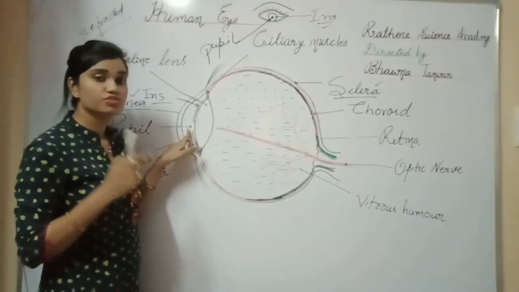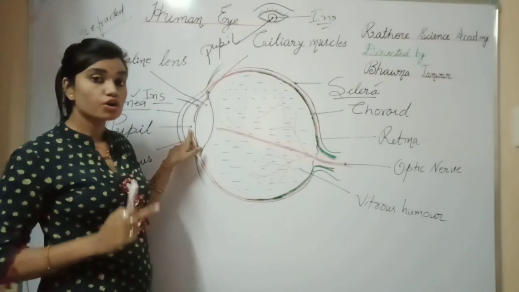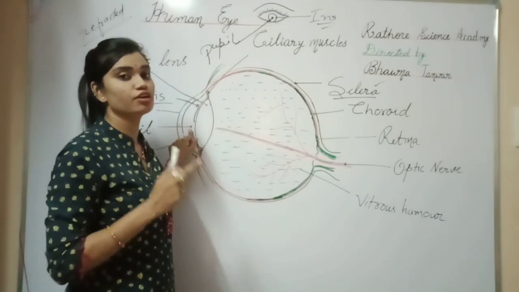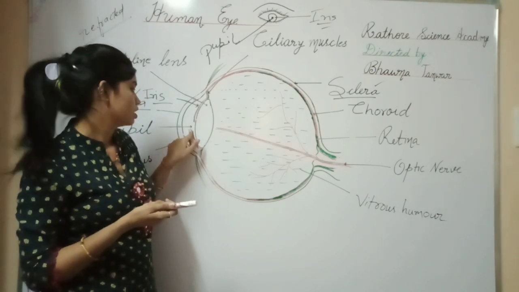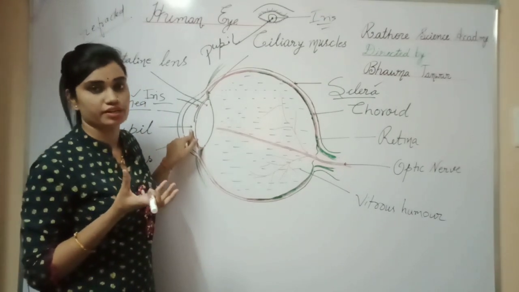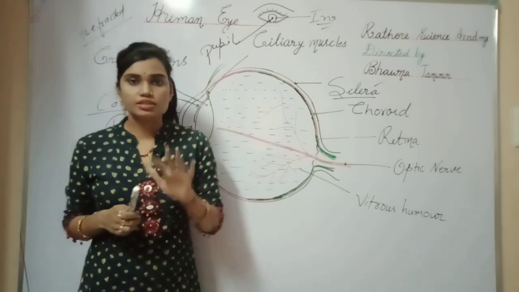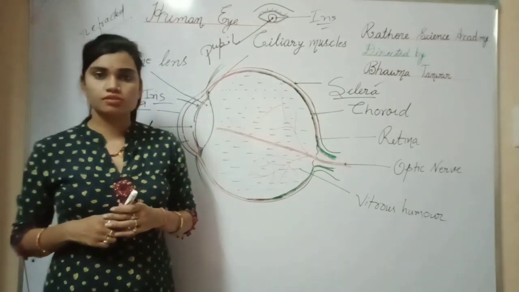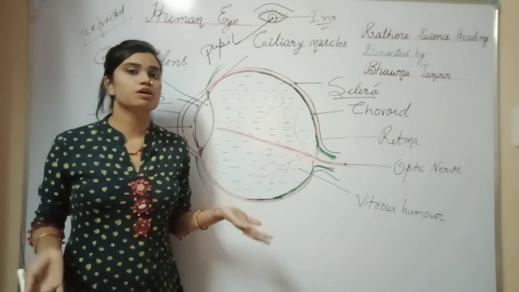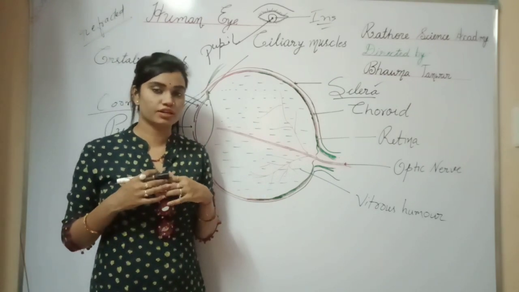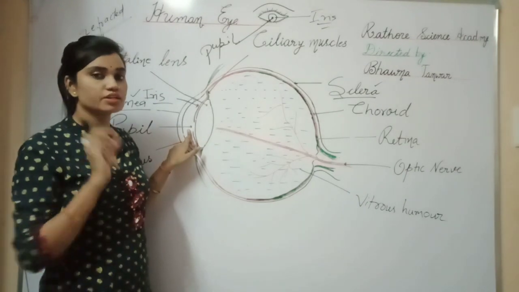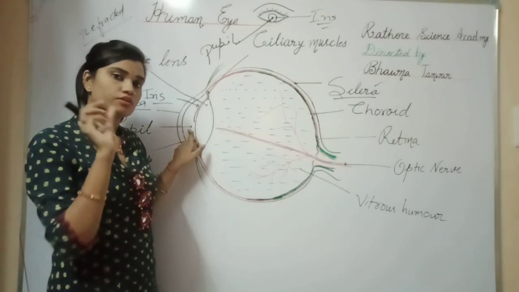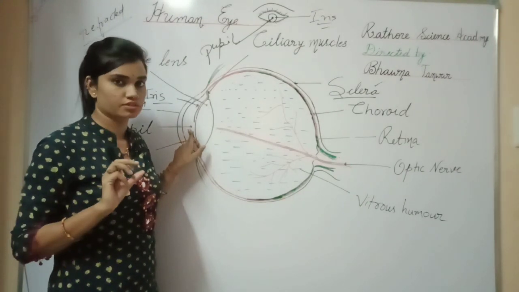So this pupil can change its size according to the intensity of light. That means it depends on the amount of light. See, during the daytime, everything is visible, so we don't need much light to get inside our eyes. At that time, the pupil remains smaller, or you can say normal in size.